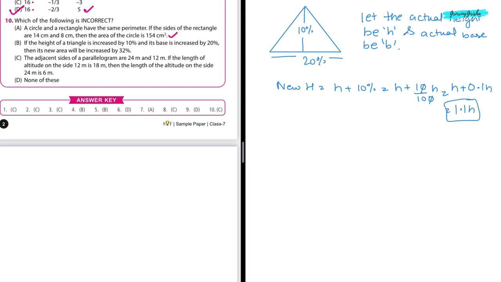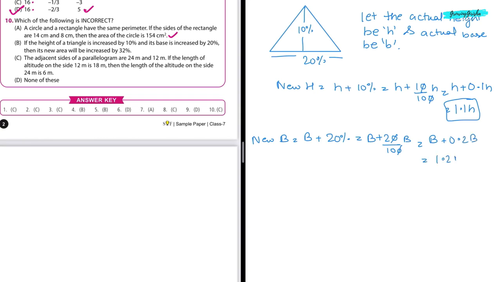This is the new height. Similarly, we'll find the new base also. New base is b plus 20% of b. B plus 20 upon 100 into b, which is equal to b plus 0.2b, which is equal to 1.2b. This is the new height and this is the new base.